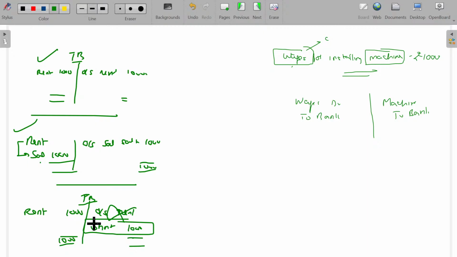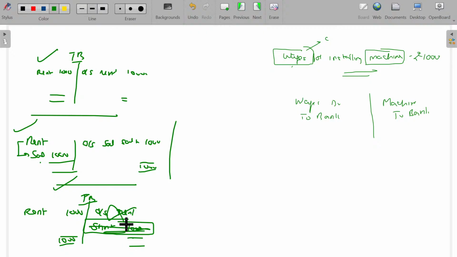Is that clear? The first error, wrong account posting, rather than debiting to the rent account, if it is debited to the salary account, anyhow the debit will be there, either means instead of rent account, it will be debited in the salary account, but trial balance will be tally. In this case, trial balance is not tallying because you showed that value only in the debit side, not in the credit side.